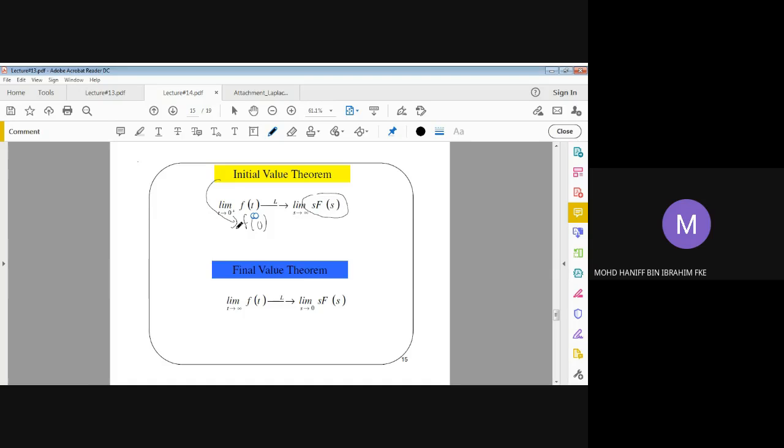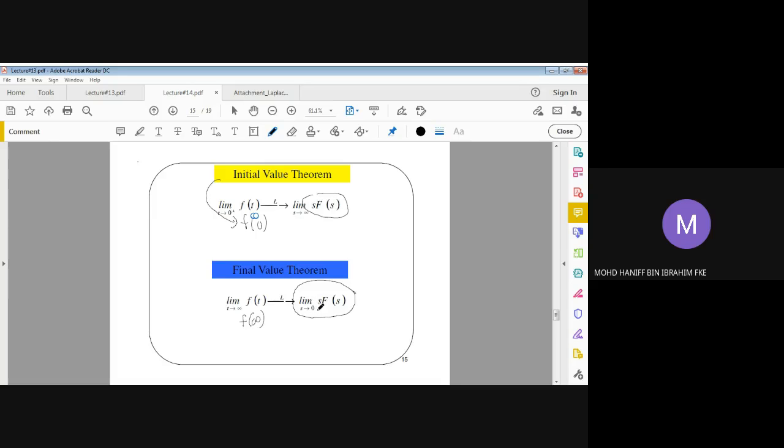Okay, and the same things apply for the final value theorem, in which, based on this equation, we can write this as the function of time when it is approaching infinity, or simply f infinite. The f infinite can be obtained by evaluating s multiplied by F(s), and we put s equal to 0.